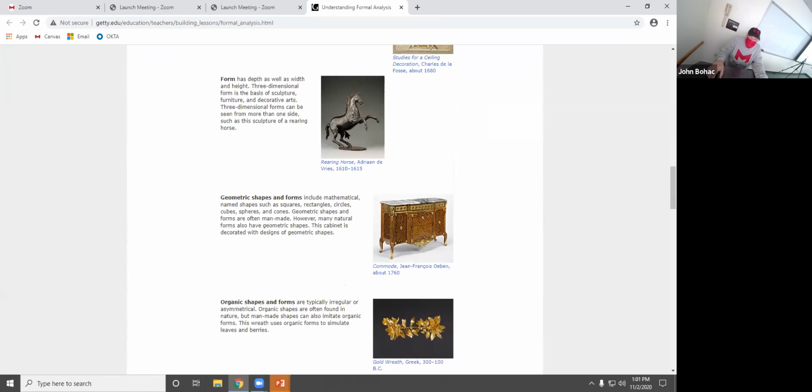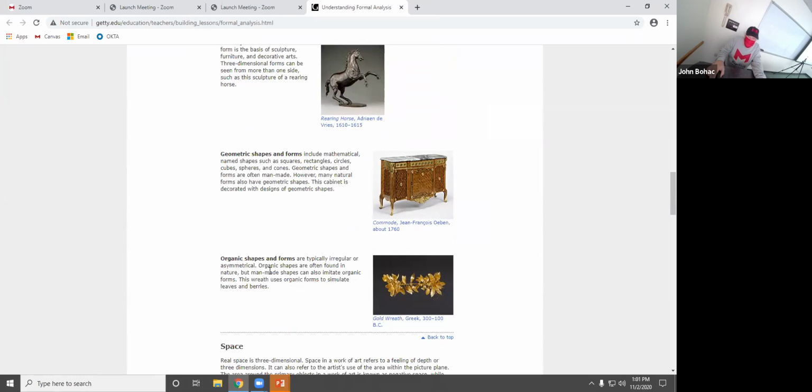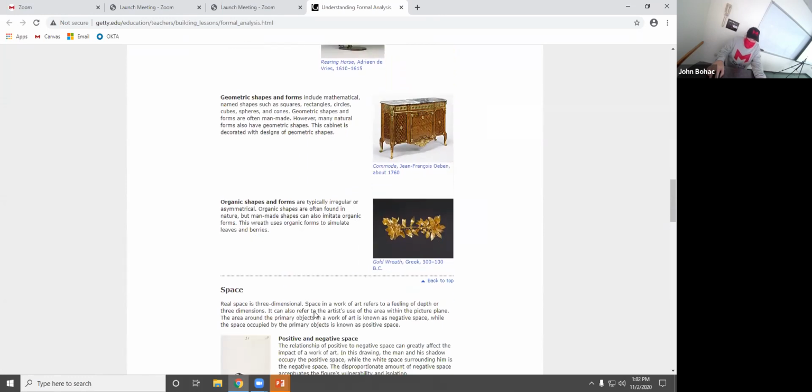For instance, this rearing horse, there is no geometry in that. It's biomorphic. It's a biomorphic subject. Or they call it organic now, but it's typically irregular or asymmetrical, but not always.